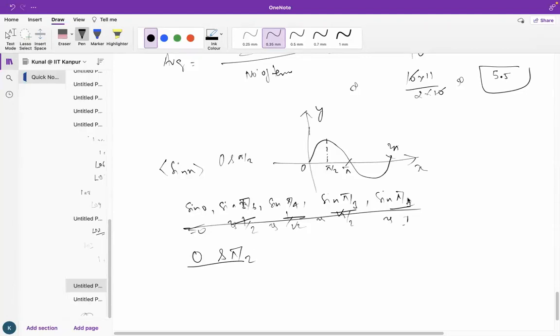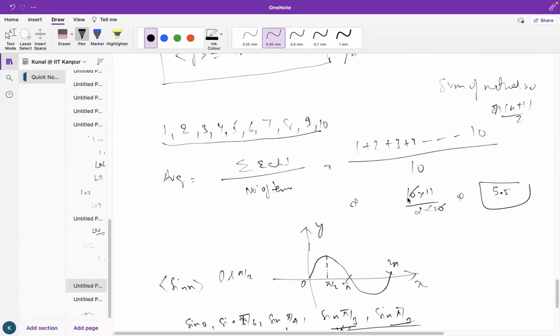In general, what we are doing here, we are actually finding the average value. And we know that when we find the average value, we add each and every term.